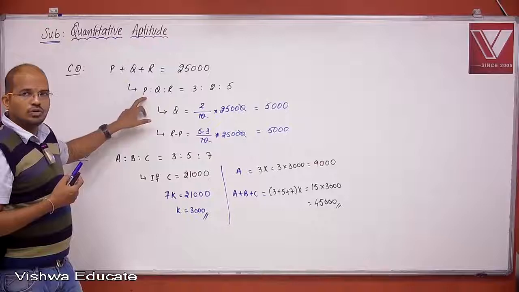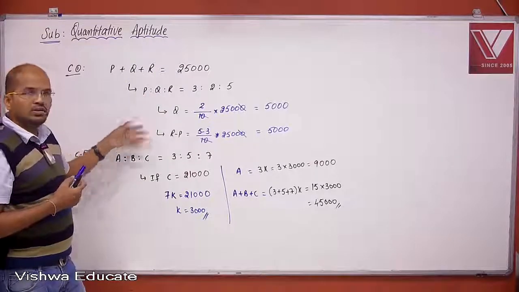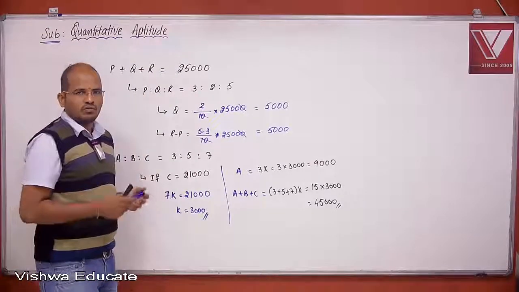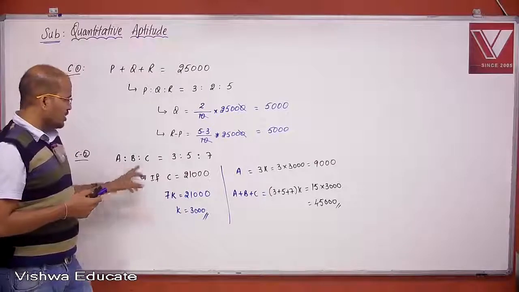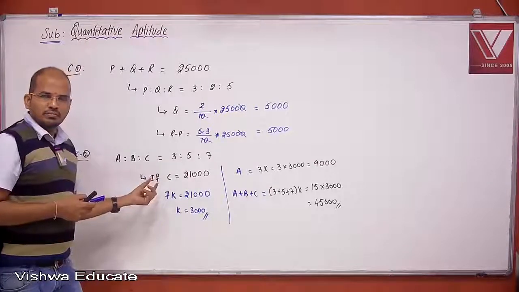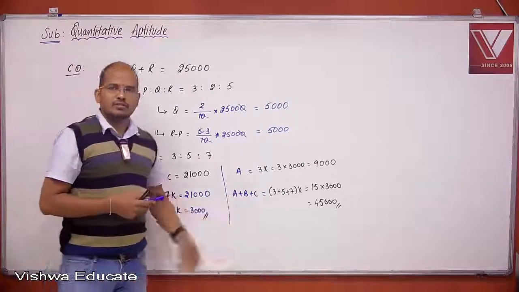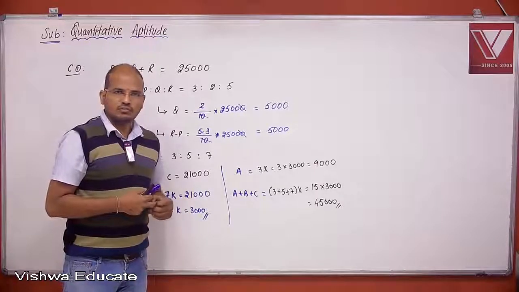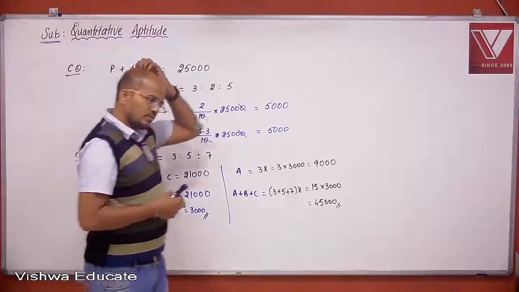So in ratios, you will be given the sum, the ratio, you will be asked to find the individuals, the differences, total values. Case 2, you will be given a ratio, you will be given one term, and you are told to find the remaining things. Is that fine? Please copy it down.